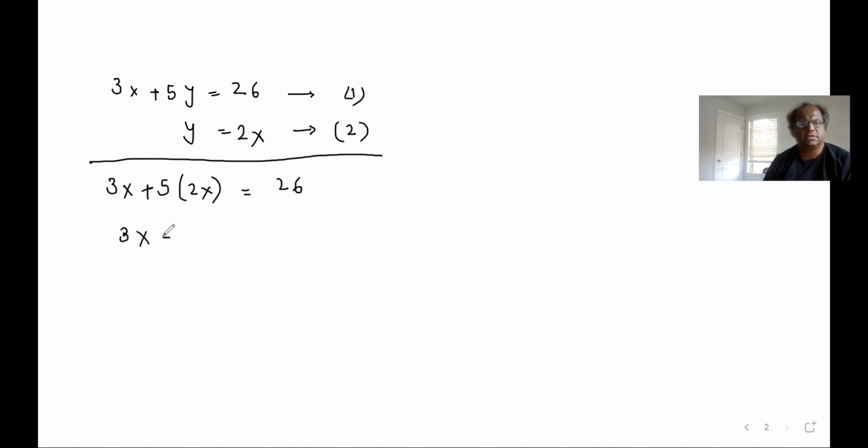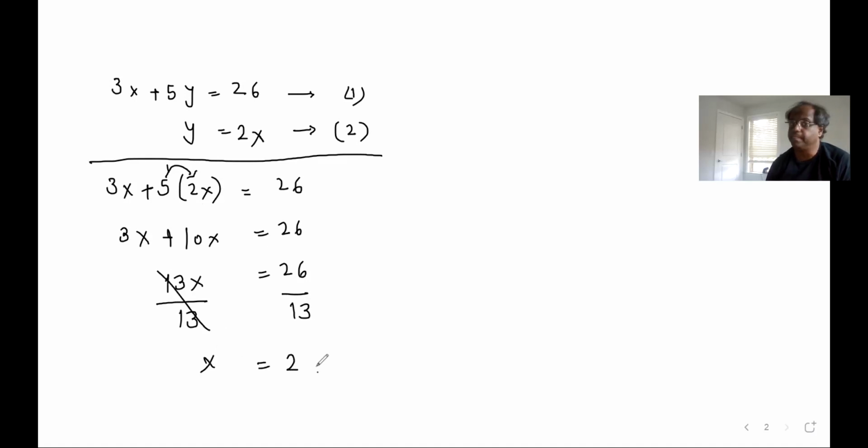So 3x, distributive property over here, and it goes 10x is equal to 26, 13x is equal to 26. Divide both sides by 13, x is equal to 2. All right. So I got x is equal to 2. I label it as number 3.